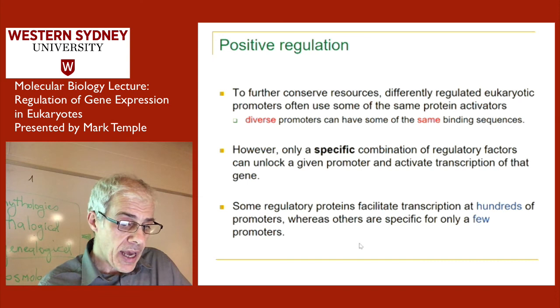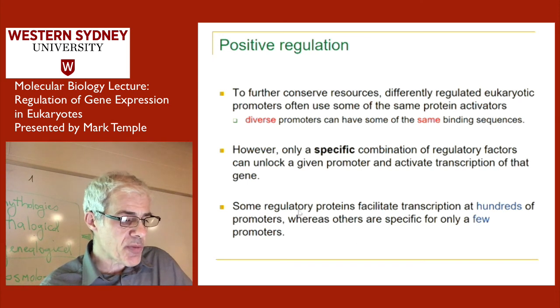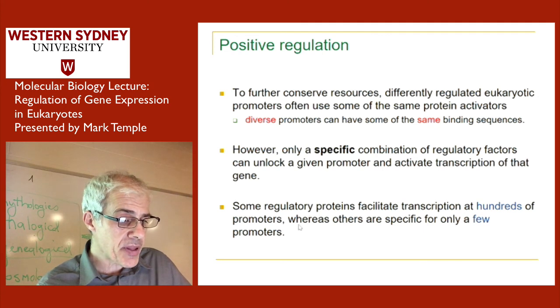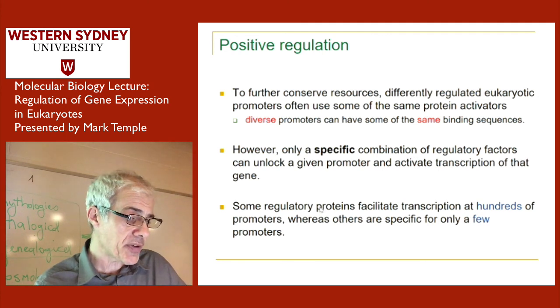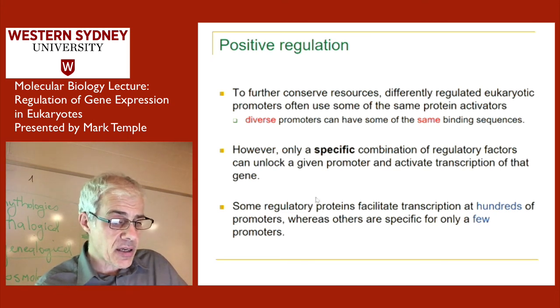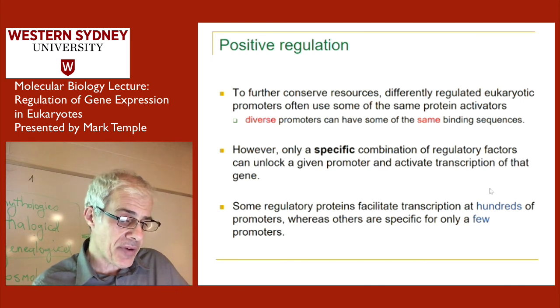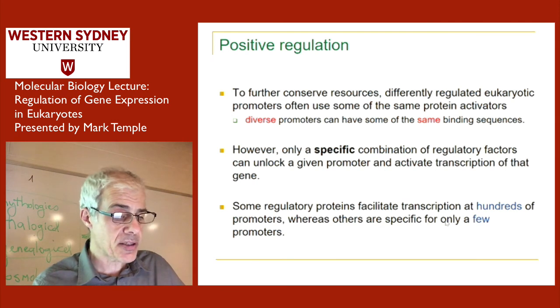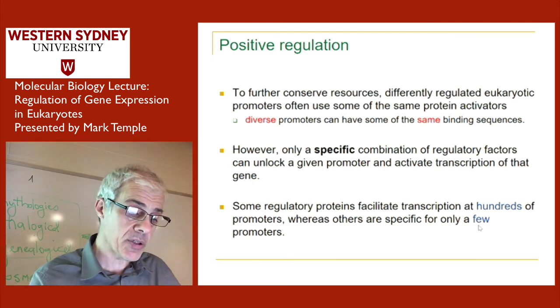All right, and some of these regulatory proteins are not just located at the promoter itself, but the binding sites for these other factors can be more distant. And some transcription factors are found bound at many hundreds of promoters, whereas some transcription factors are only bound at a few promoters.